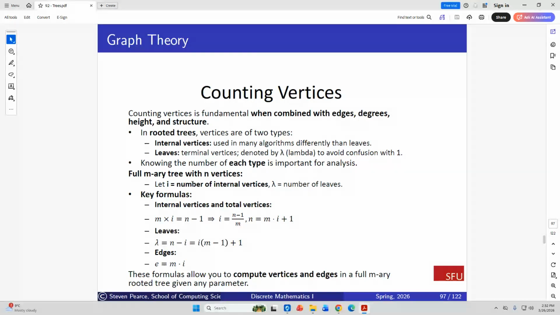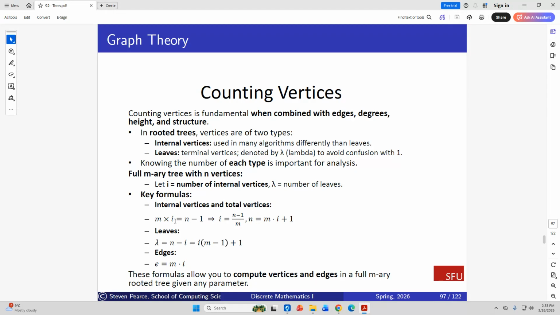For full m-ary trees with n vertices, let I be the number of internal vertices, lambda the number of leaves. Then we have key formulas, internal vertices and total vertices. So where is m defined here? Oh, okay, it's an m-ary tree, so that's the maximum branching factor, times I, the number of internal vertices, equals the number of nodes, vertices, minus 1.